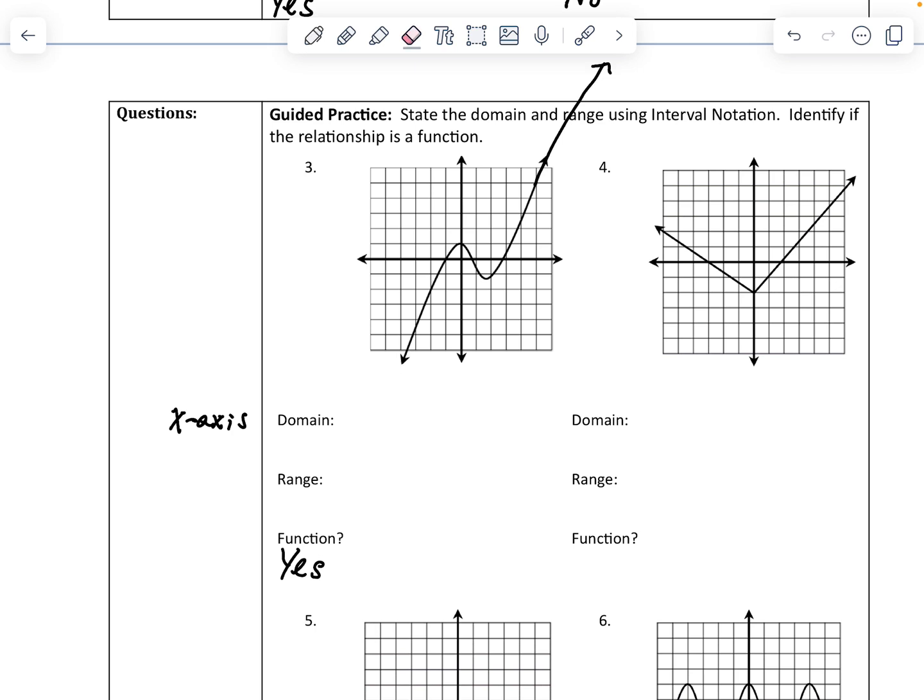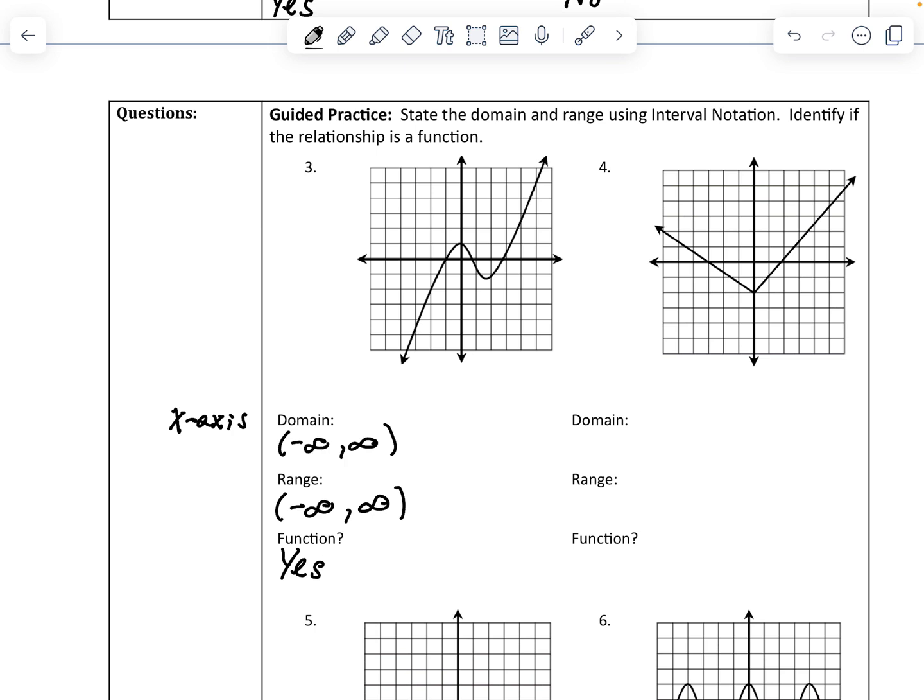So in this particular case, my left to right is going to be -infinity to infinity. Now it's going down and up forever, so my bottom to my top is also going to be -infinity to infinity.